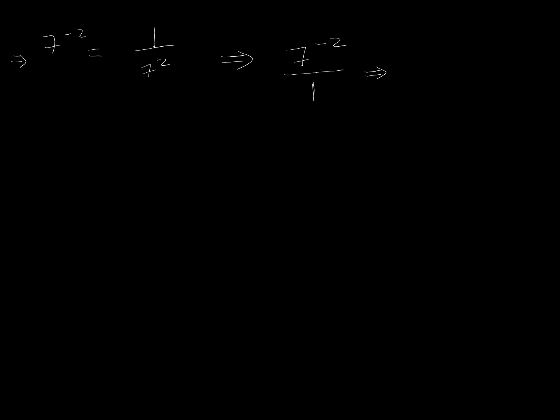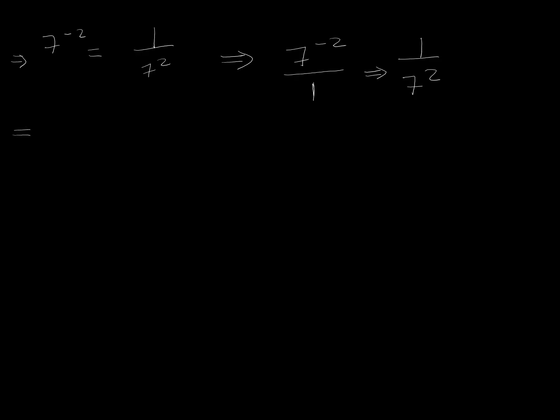The reciprocal means that you interchange your denominator and your numerator. So the 1 comes on top, then what you have on the denominator comes on the bottom. But what happens to the sign? The sign changes. So the sign will become positive 2. So the 7 to the power minus 2 goes to the bottom and it becomes positive. I hope this makes sense.